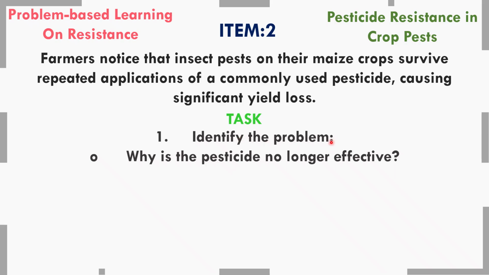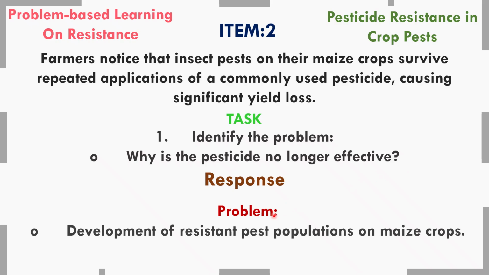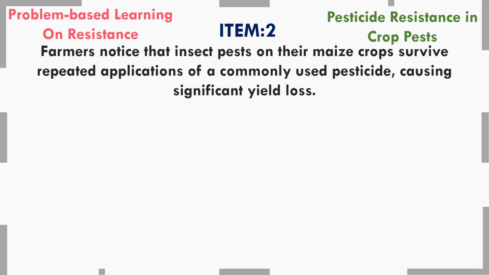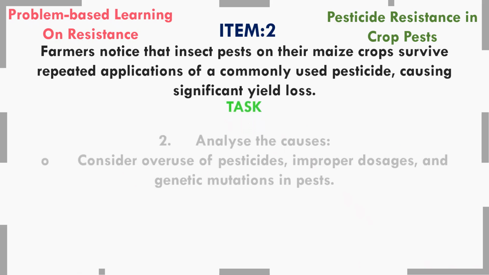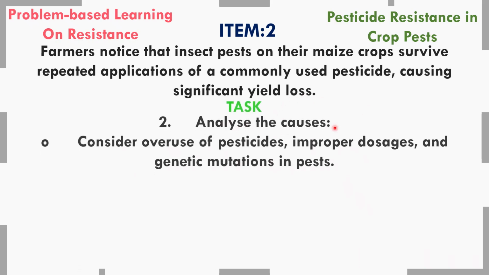Identify the problem. Why is the pesticide no longer effective? The problem is development of resistant pest populations on maize crops. Analyze the causes.